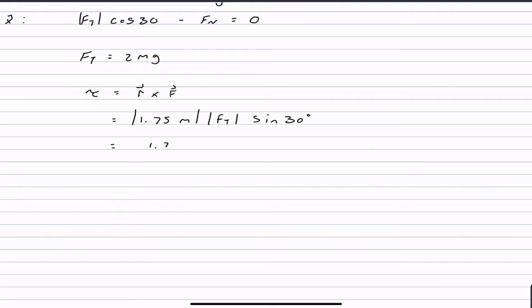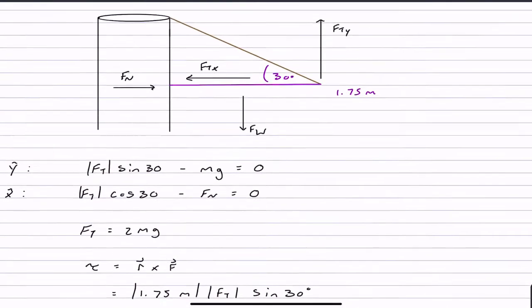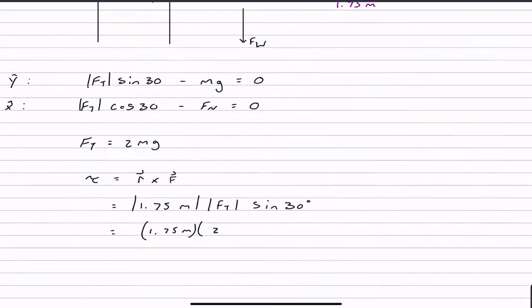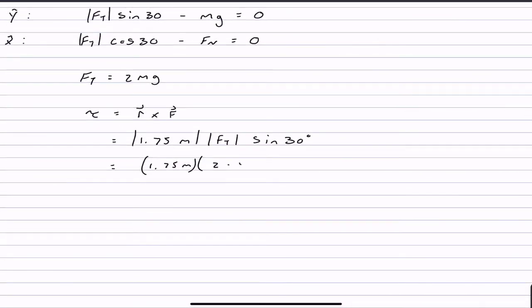This is going to equal 1.75 meters times 2 times m. Well, what was m? The mass we're given is 4.55 kilograms, times g, 9.81 meters per second squared. Sine 30 is 1/2, so this cancels, and this just leaves you with these values here, and the units, Newton meter.